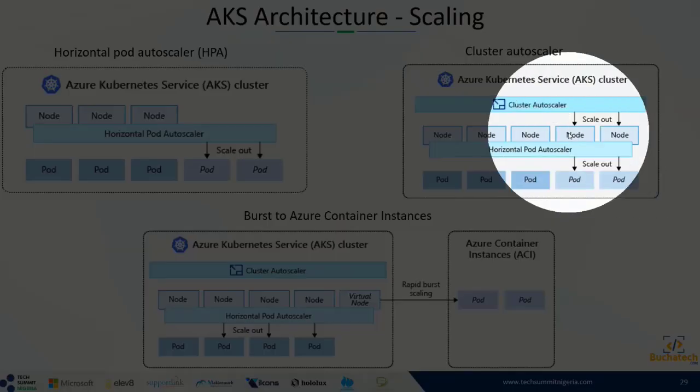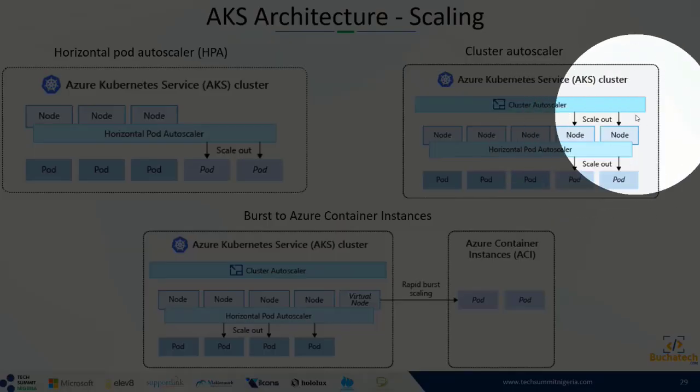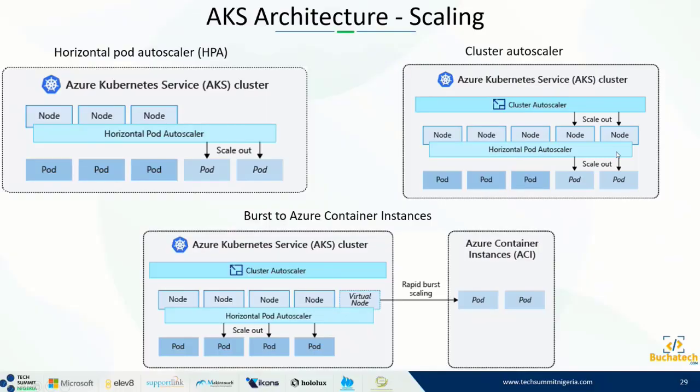AKS will automatically deploy more virtual machines, and then your pods will be deployed on those new virtual machines, right? So that's the power of Kubernetes, and one of the many benefits of it, and one of the reasons a lot of organizations are adopting it, because this stuff happens automatically, or what I like to say, automagically.